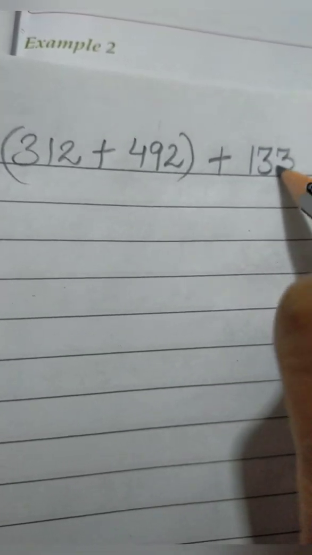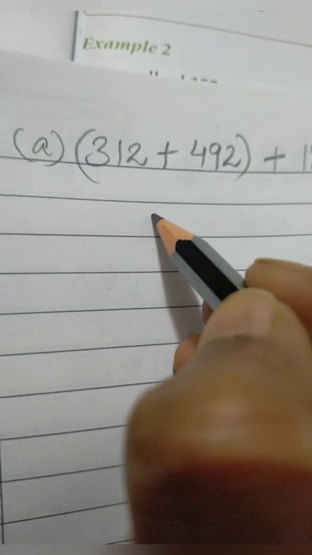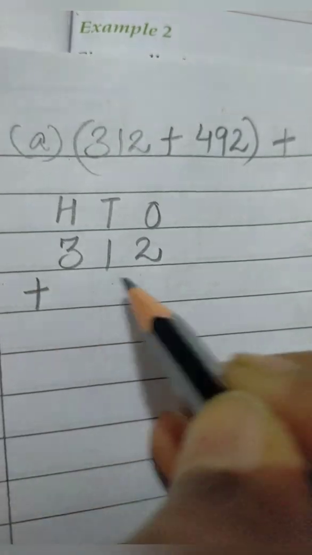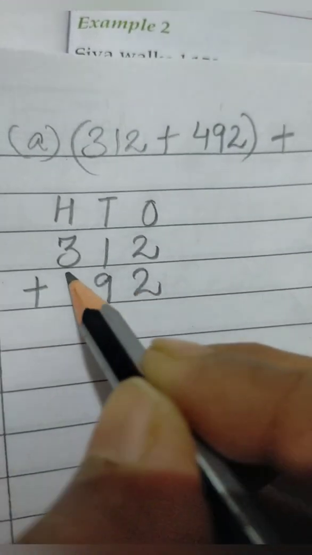Yes, A part is there, 312 plus 492 plus 133. Now we will add the ones, tens, hundreds. 312 plus 492.